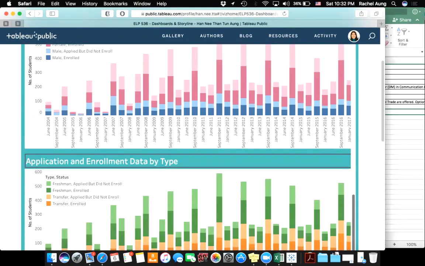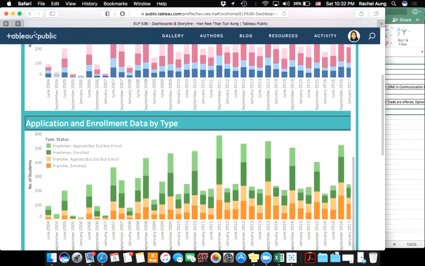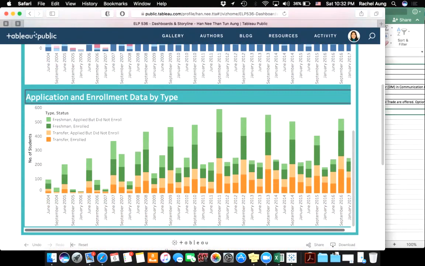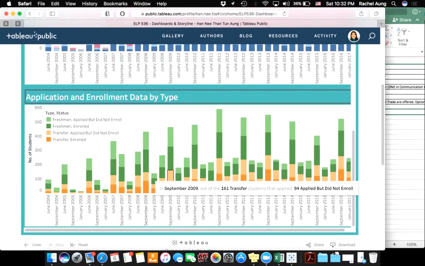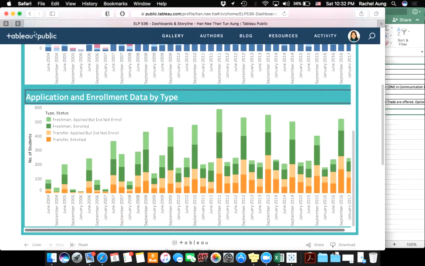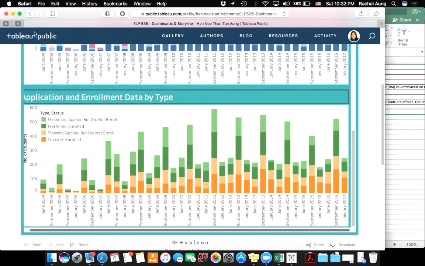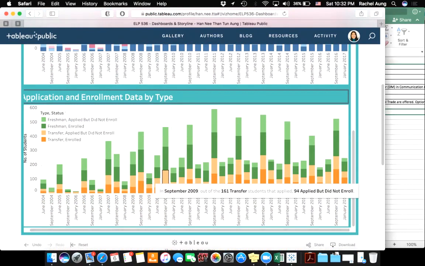A lot of our students are freshmen. Well, I don't know, it's more like 50-50, roughly, but a lot of our students already have a 2-year certificate when they apply. So those went under transfer, and then many were just straight out of high school, so freshmen.